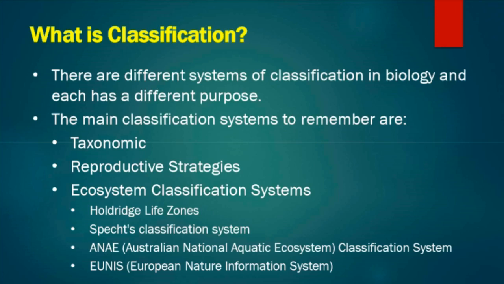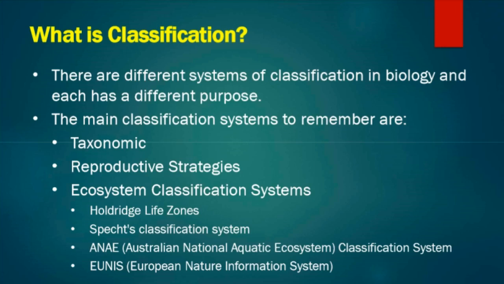So if you know how one group of them reproduces, you can usually then transfer that knowledge to another organism with similar reproductive strategies to try and help them come back from the brink. So the system that we use is dependent on the purpose.